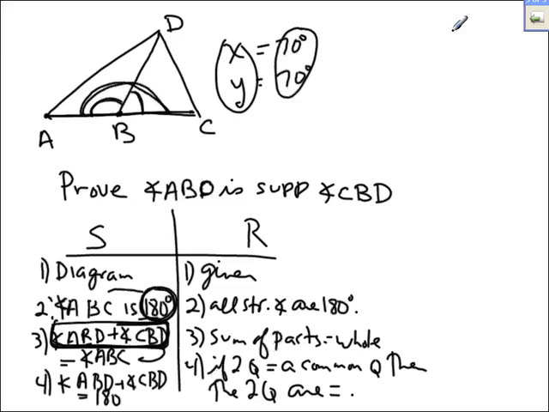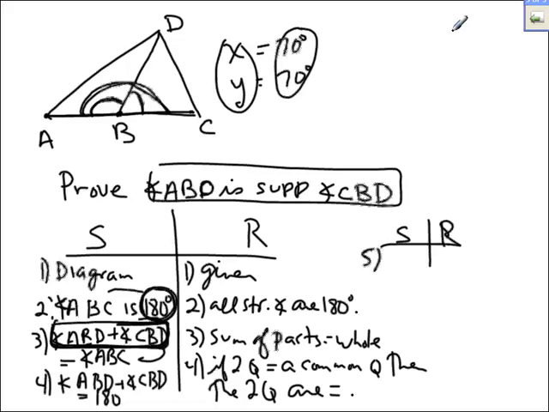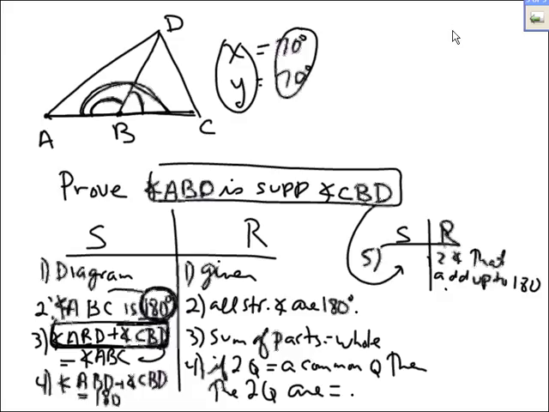Now I've run out of room, but statement 5 is just going to say that the two angles are supplementary. And the reason is two angles that add up to 180 degrees are supplementary.